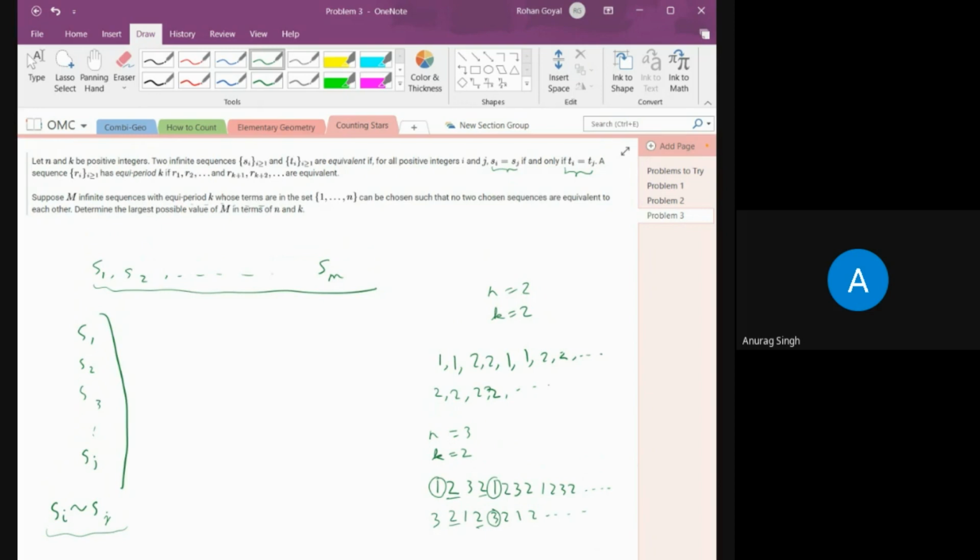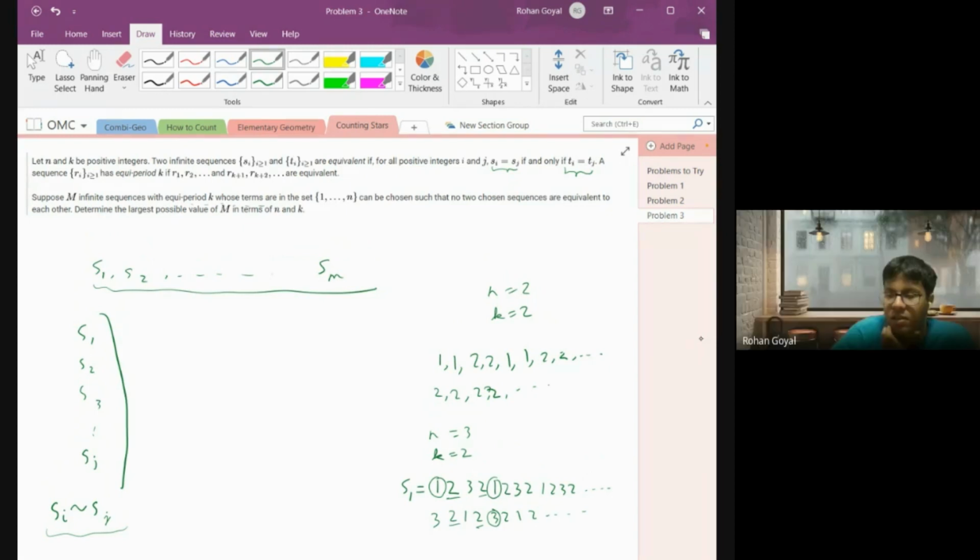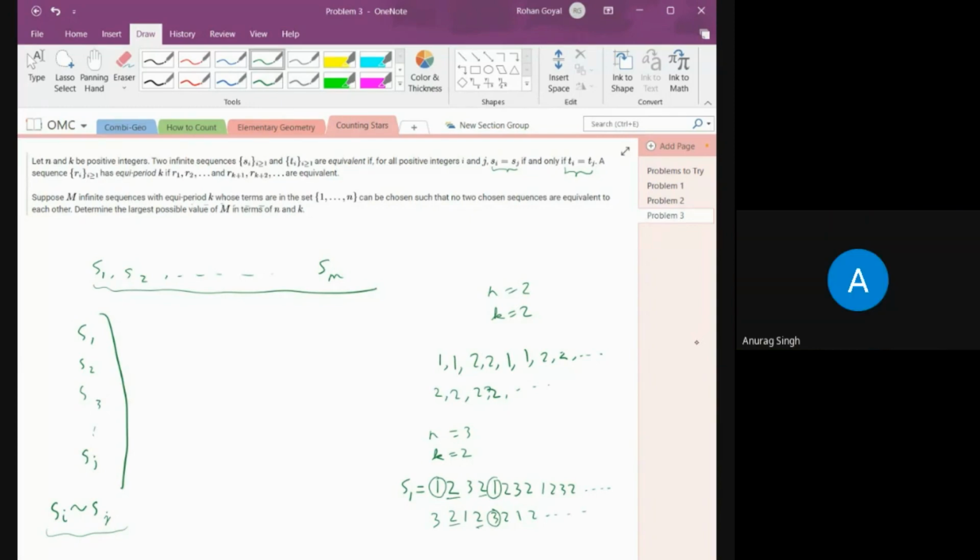Can you define the first sequence 1, 2, 3, 2, 1, 2, 3 as S1? Sure. We have that S1 has an equiperiod of K. I'm saying S1 has equiperiod 2. Yeah, 2. So by the definition, if it has an equiperiod of 2, then R1, R2 elements are equivalent.